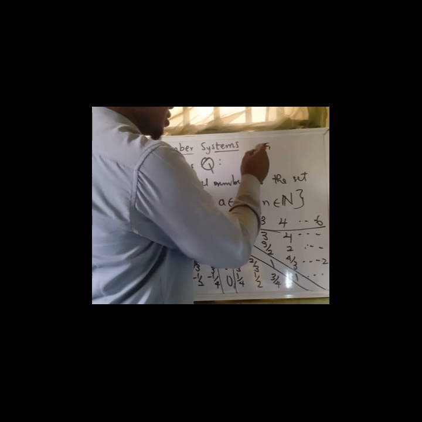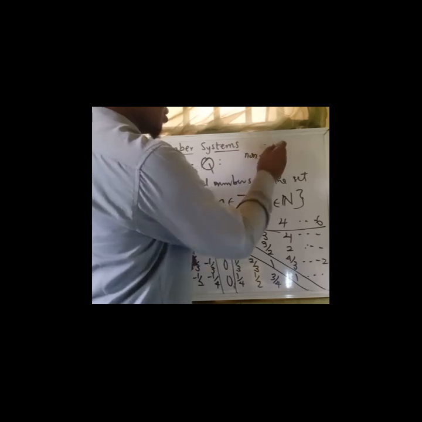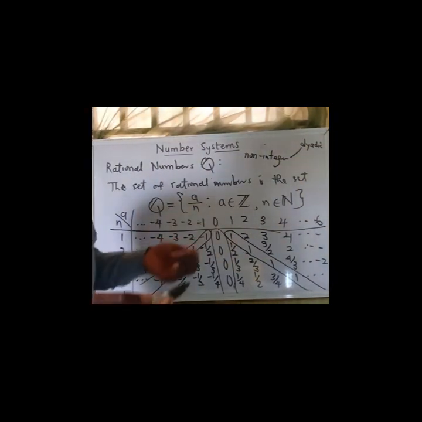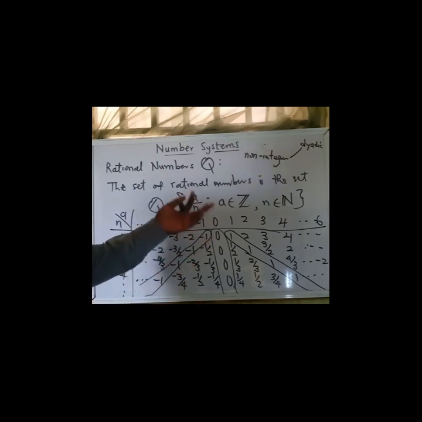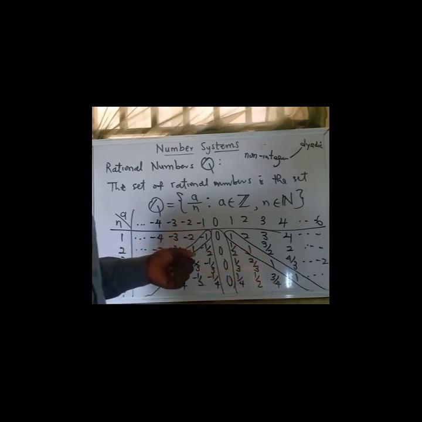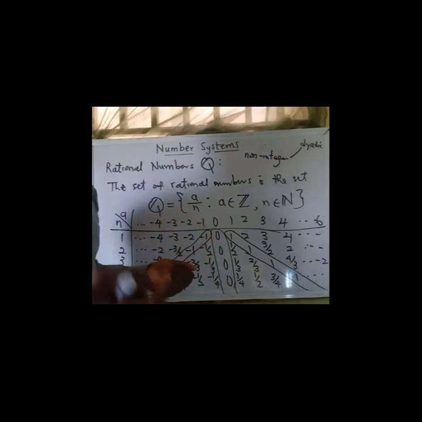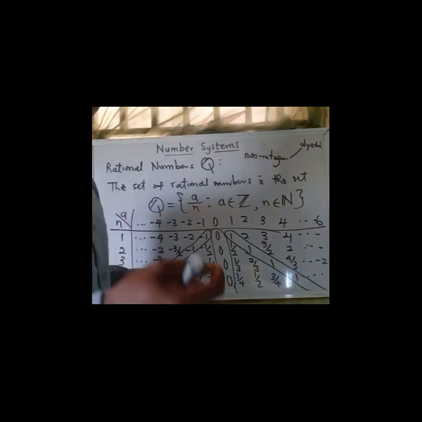Don't forget we are talking about examples of numbers which are non-integer. The finite binary is also called the dyadic form of number. It is any number whose denominator is a multiple of 2, like 1 over 2, 1 over 4, 1 over 8, 1 over 16, with denominators 2, 4, 8, 16, 32, 64, and what have you.